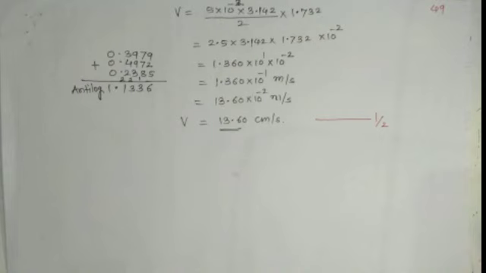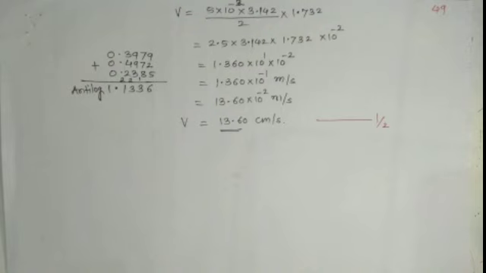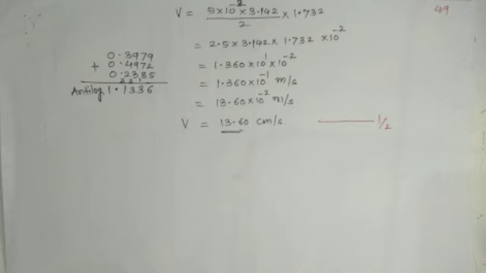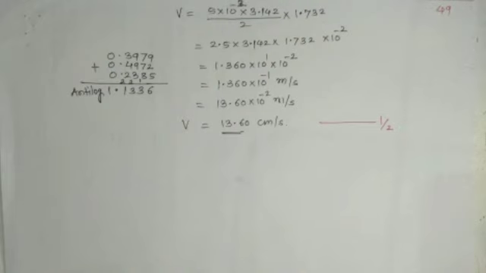So v equal to 5 into 10 raised to minus 2 multiplied by 3.142 upon 2 multiplied by 1.732. By dividing, it becomes 2.5 into 3.142 multiplied by 1.732 multiplied by 10 raised to minus 2.